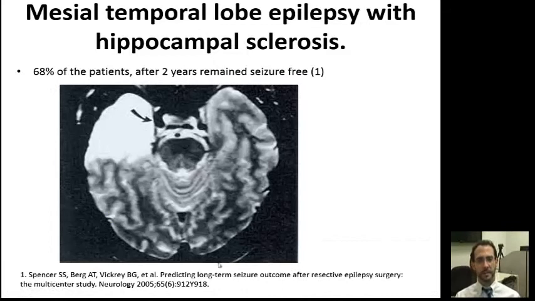So this is an example of a patient who had mesial temporal hippocampal sclerosis and had a resection of the temporal lobe, and there is a great response in these patients after surgical removal of that part of the brain.